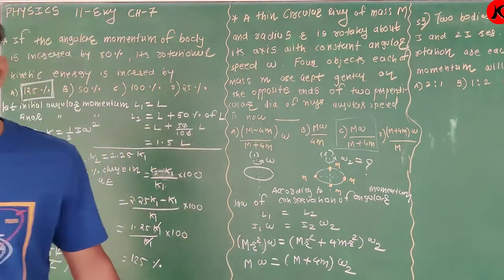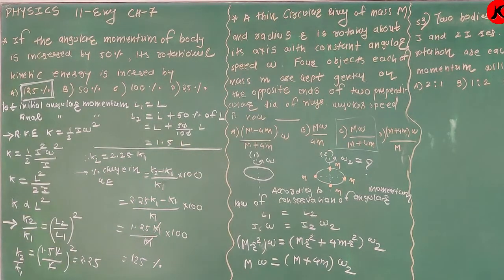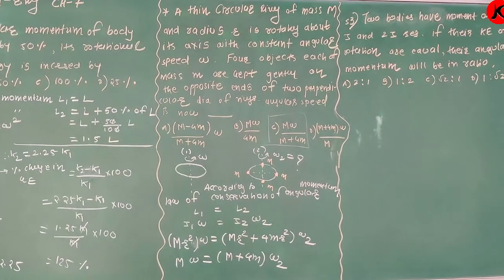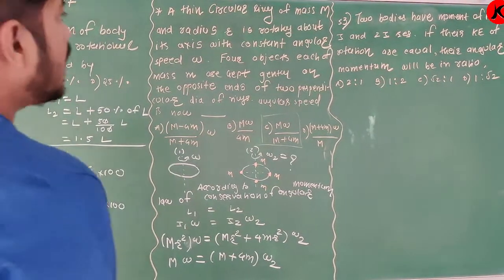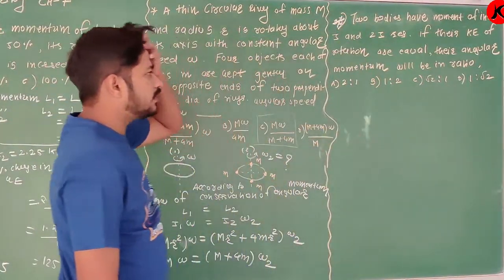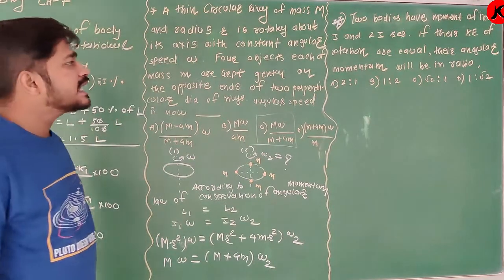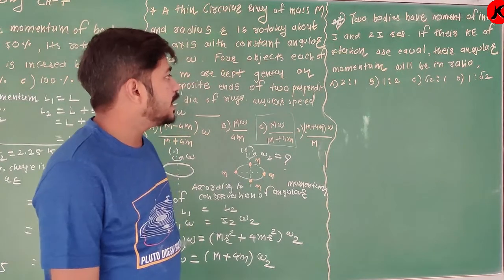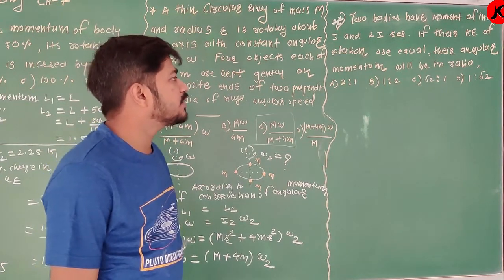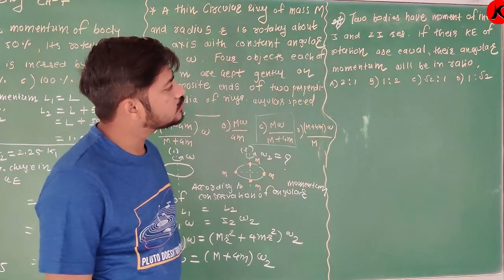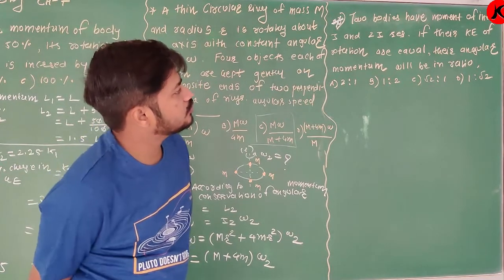Now next MCQ. Two bodies have moment of inertia I and 2I respectively. If their kinetic energies of rotation are equal, their angular momentum will be in the ratio: 2:1, 1:2, and so on, that you have to find.